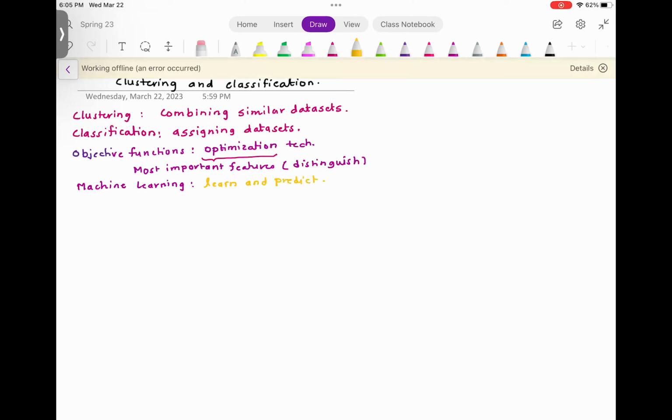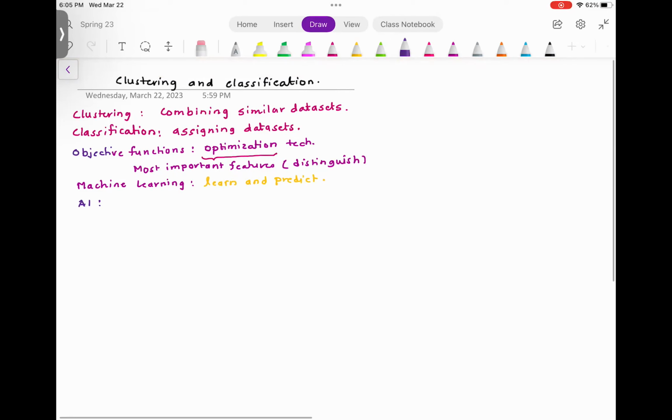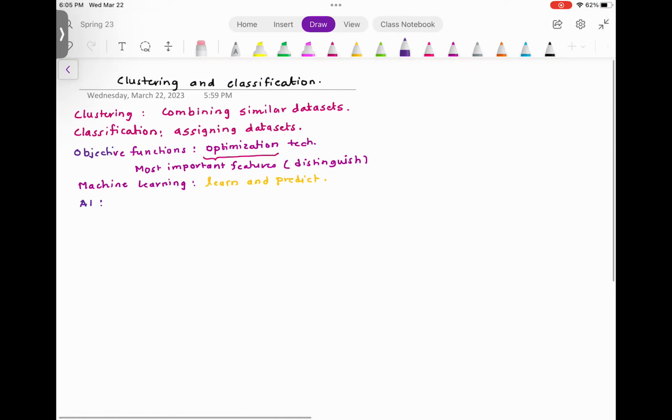And again, it's very important to understand that AI, or artificial intelligence, is closely related to machine learning. In other words, AI is dependent on or based on integrated machine learning algorithms.